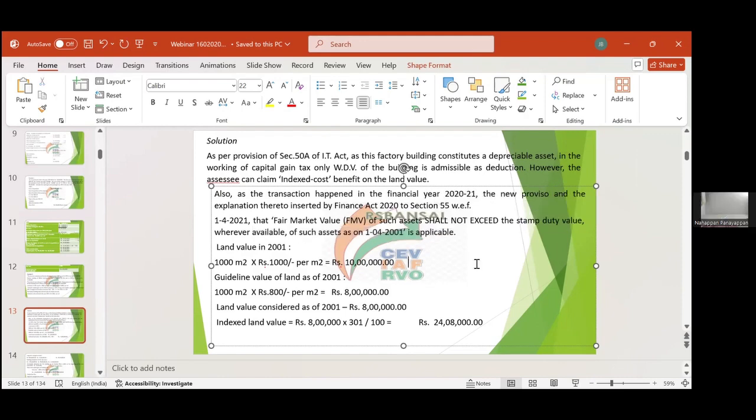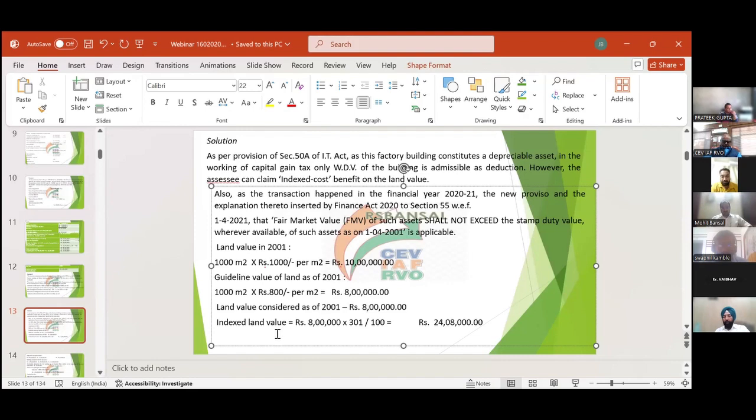So land value in 2001 you calculate: 1,000 per square meter is the land rate, so 10 lakh land value; guideline value of the land is 8 lakh. So you have to take the lower of the two, which is 8 lakh, and indexed value is 8 lakh into 301 upon 100, 24 lakh 8,000.